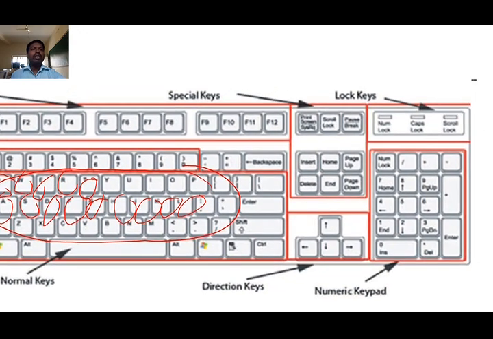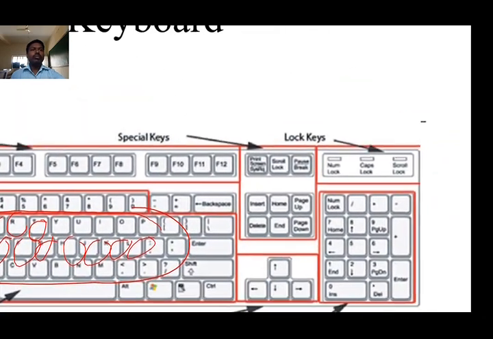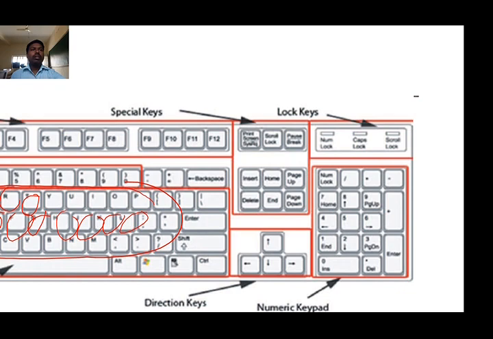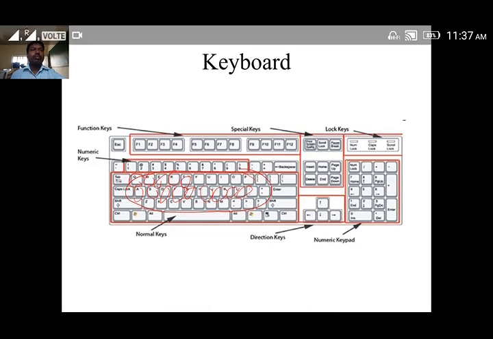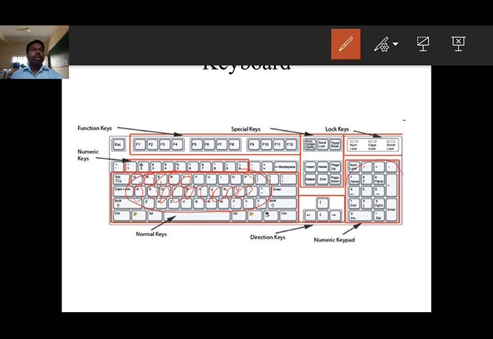Numbers. You can see the numbers here: 1, 2, 3, 4, these are all called numeric keys. Next, punctuation keys: comma, colon, semicolon.